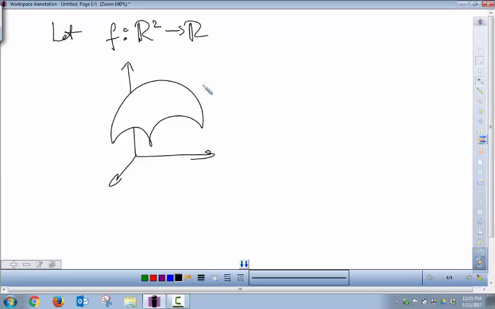All right, so we have a function f of x, y, and then I'm going to draw a curve in 2 dimensions. And let's say that that curve in 2 dimensions is written in parametric form.